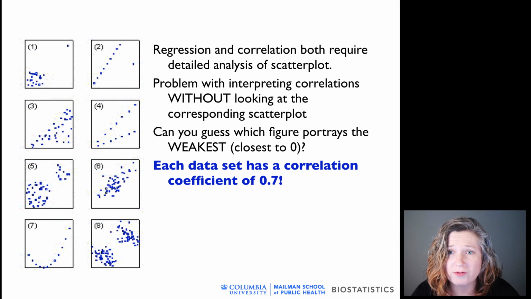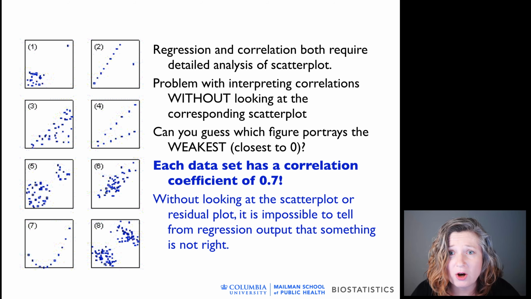Again, the correlation coefficient as we compute it is not a correct summary of the association between x and y in scatter plot number 2. The same for scatter plot numbers 3, 4, and 5. The correlation coefficient is a proper numerical summary of association between x and y only for scatter plot number 6. For all other 7 scatter plots, it's a wrong measure of association between x and y.